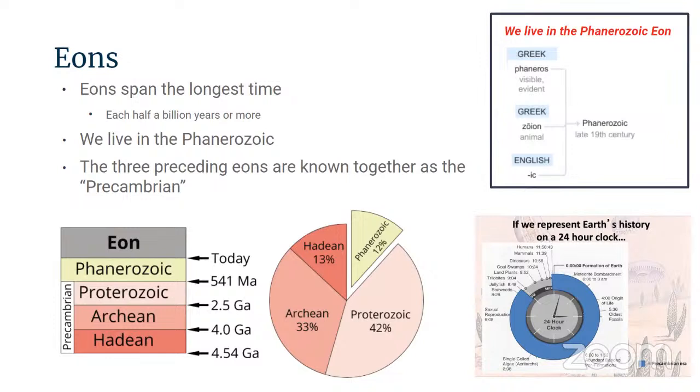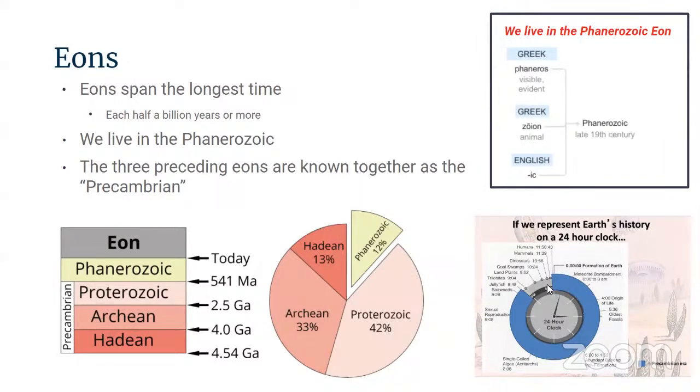They're each 500 million years or more. We currently live in the Phanerozoic, which means visible life, essentially. So the Phanerozoic eon is where you can see fossils, you can see evidence of life in the rock.